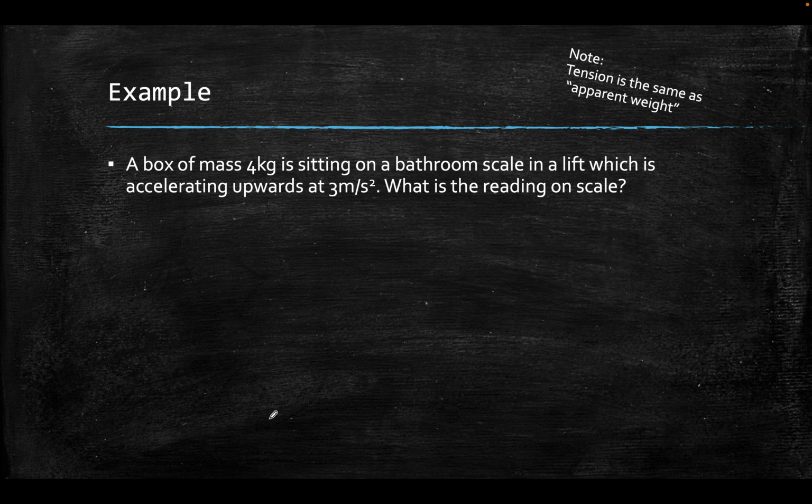Here is an example. A 4 kilogram mass is sitting on a scale in a lift, it's accelerating up. What is the reading on the scale? That means what is the apparent weight. Apparent weight is the same as tension. So these three terms are the exact same thing.